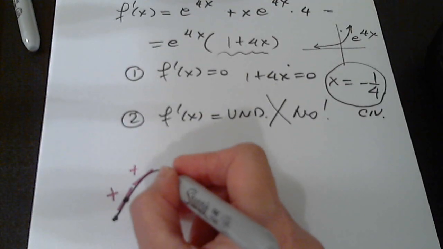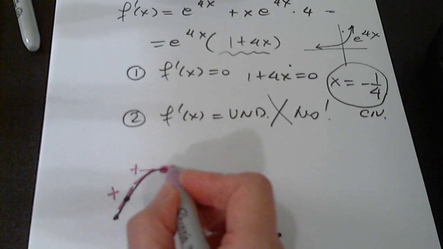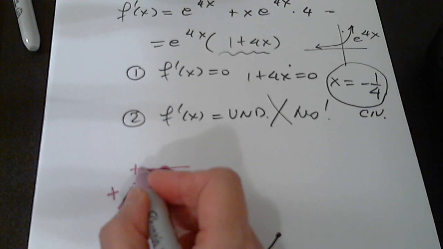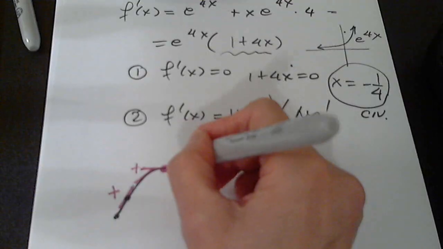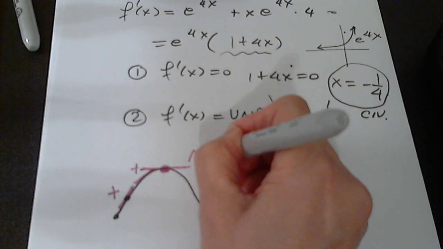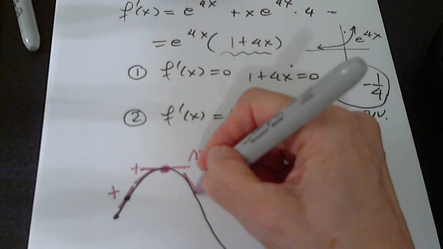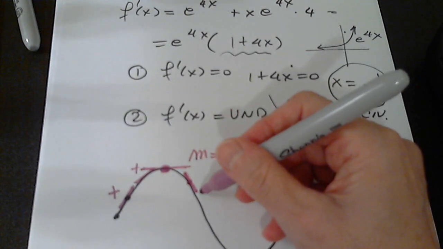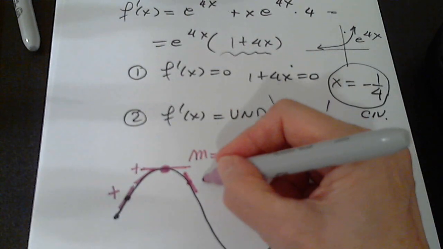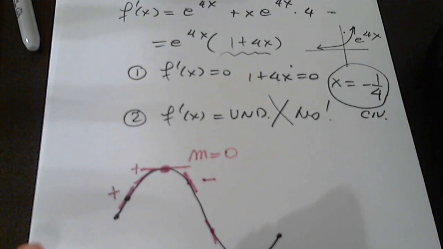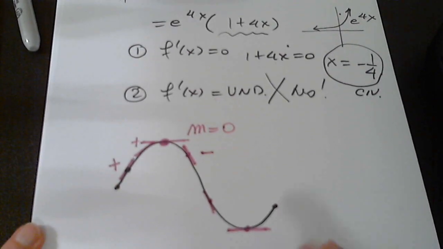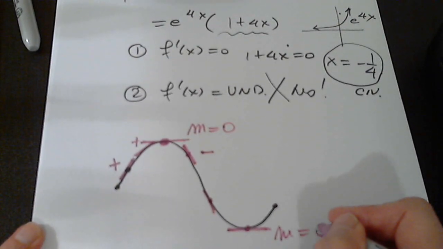What about here? What is the slope here? 0? Yes. Good. What about here? Negative? The same thing here. And what about here? 0? Yes.